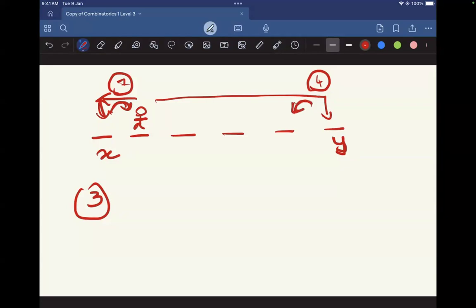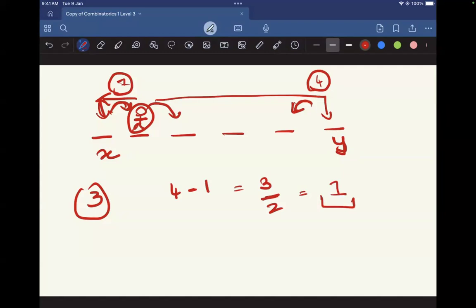What is the amount of time required? Like how many steps would I go towards the right? This can be simply said to be 4 minus 1, which is 3, divided by 2, which is 1.